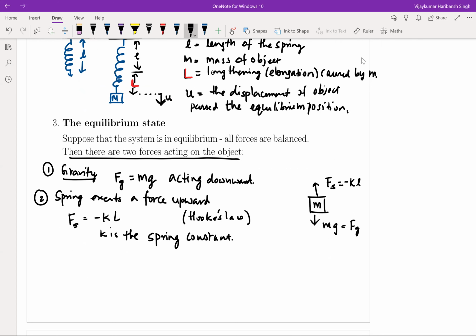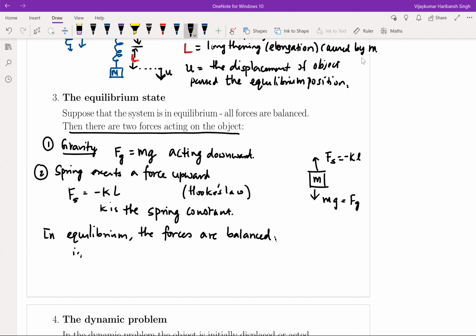So that would mean if we add the forces here, it will be 0. So that is mg minus kL is 0. Or this gives me k equals mg over L. It gives me a way to measure the spring constant, which is mg over L.